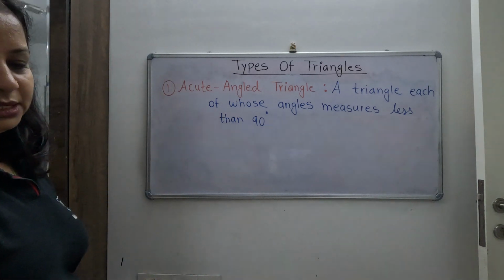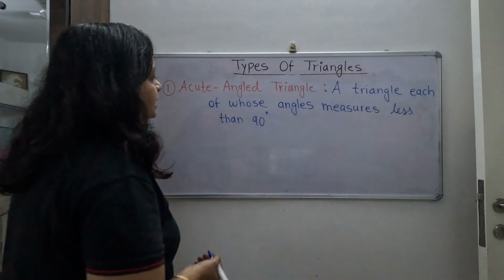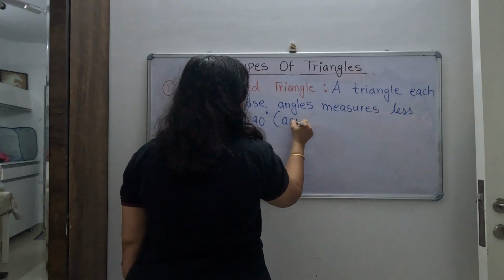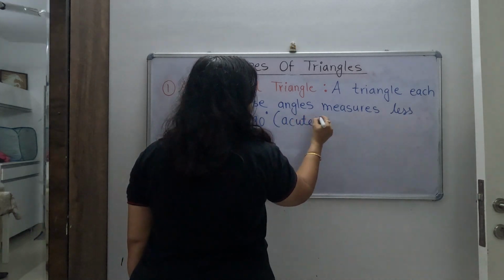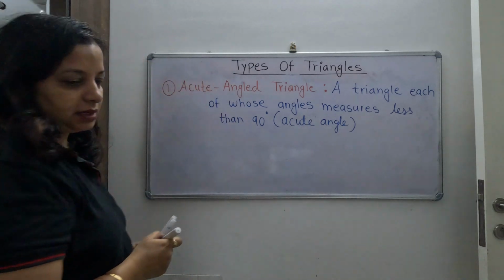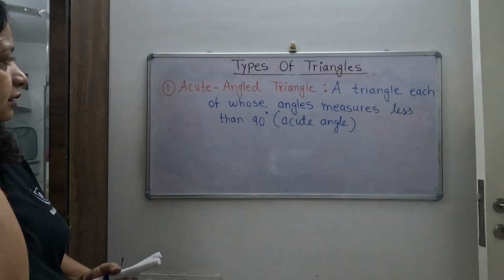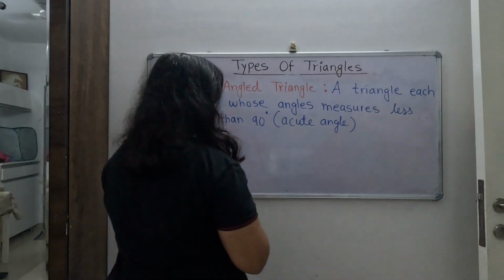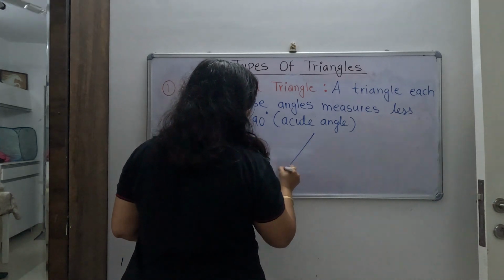Less than 90 degree means acute. Wait, I thought you were talking about the right angle triangle. Because I was done with the acute angle, so I wrote it down.